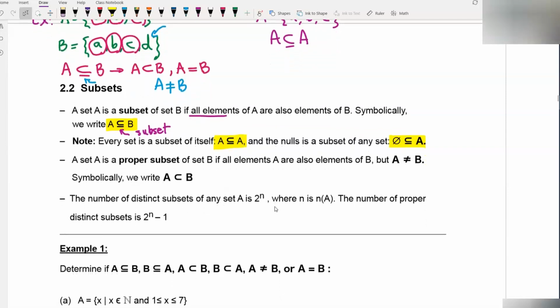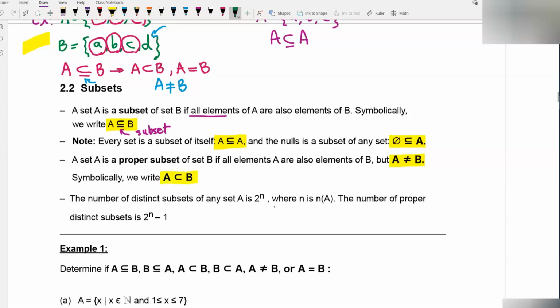The third one: set A is proper subset of set B if all elements of A are also elements of B, but A is not equal to B. See, this was the one that I was trying to explain here on this example. So in that case, when A is not equal to B, that means that we have this symbol.